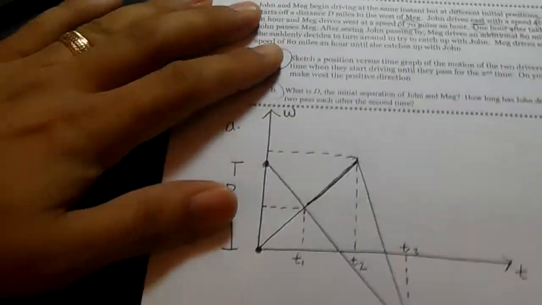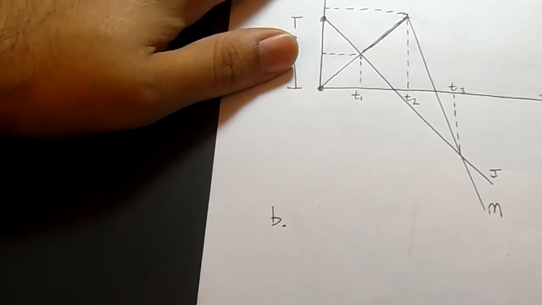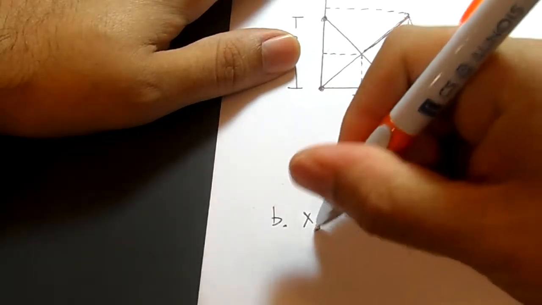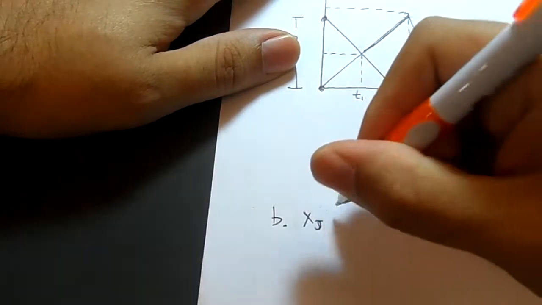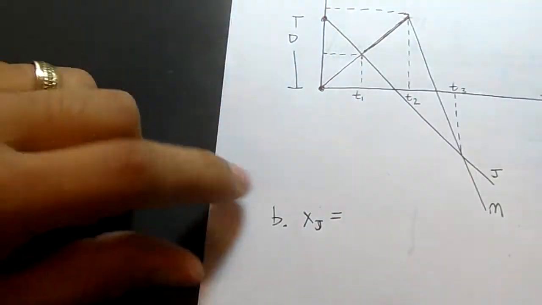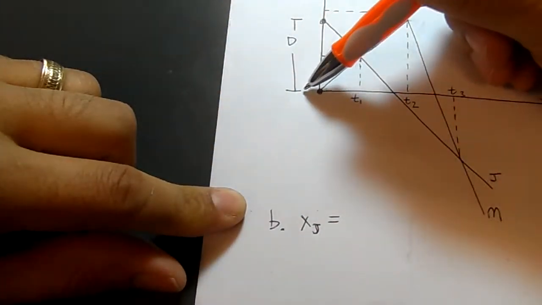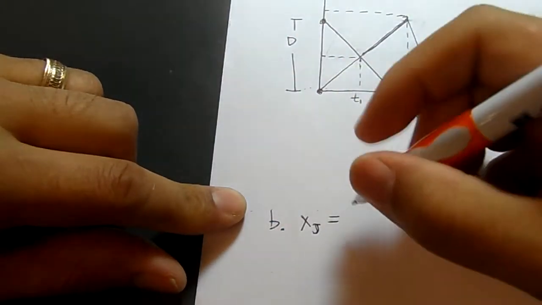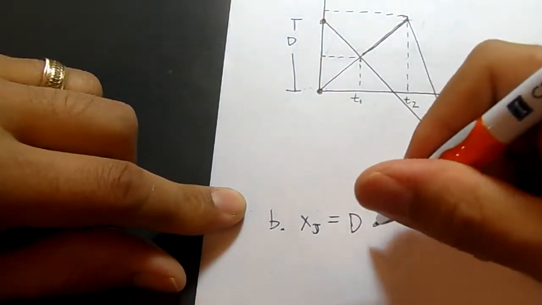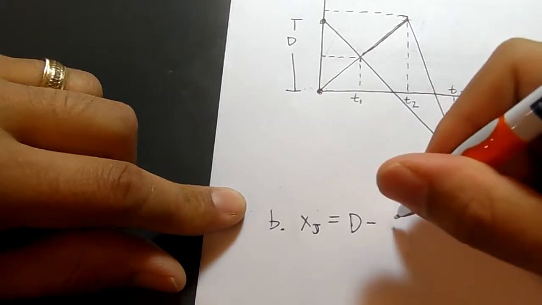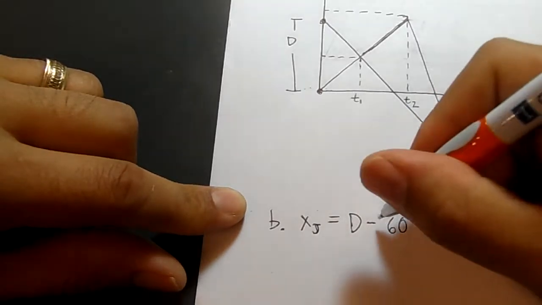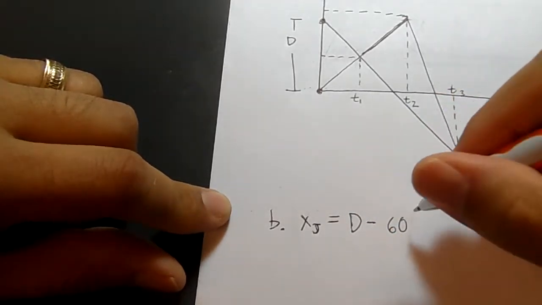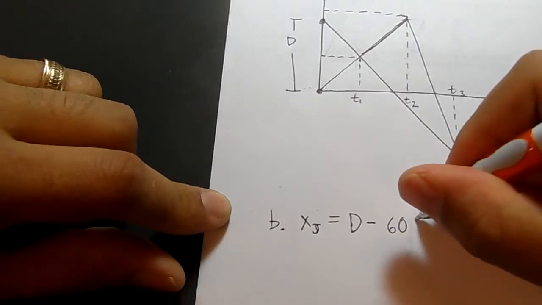The most systematic, perhaps, would be to say that the position of John as a function of time is equal to his initial position, which in my graph, notice, Meg's initial position is 0, John's is D. That's why this graph is going to help me. So John's initial position is D, but he travels at 60 miles an hour in the negative direction, that's why this negative sign is there, times 1 hour.